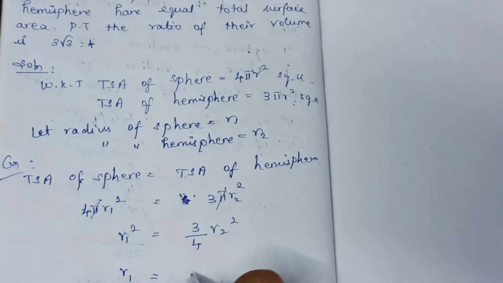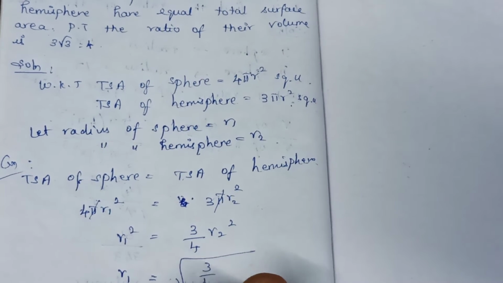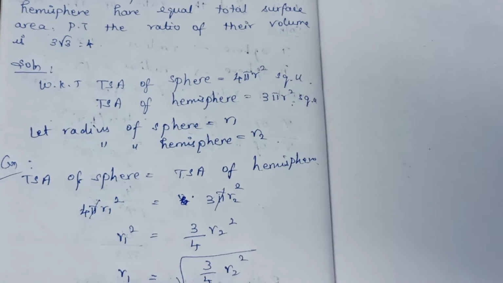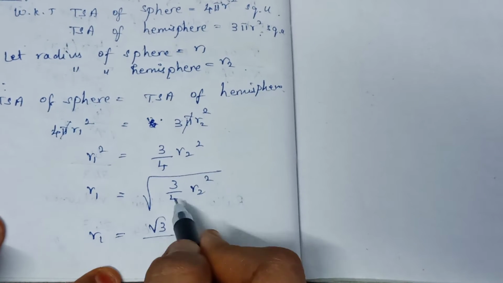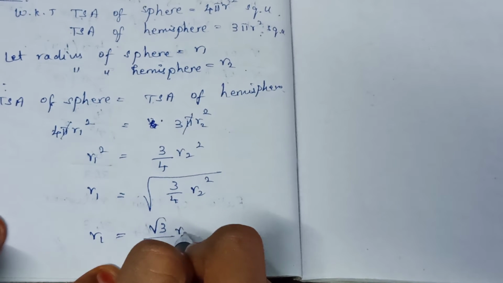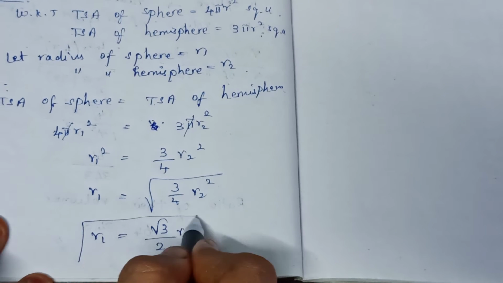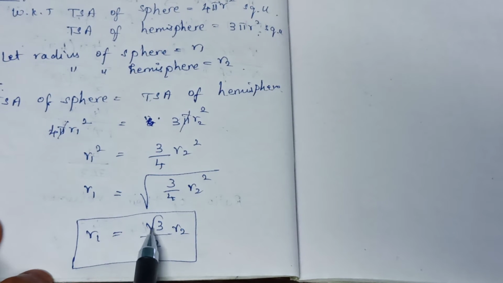Therefore R1 equal to root of 3 by 4 R2 squared. So R1 equal to root 3 by root 4, which is 2, and root of R2 squared is R2. So we have found one radius in terms of other, that is R1 equal to root 3 by 2 R2.